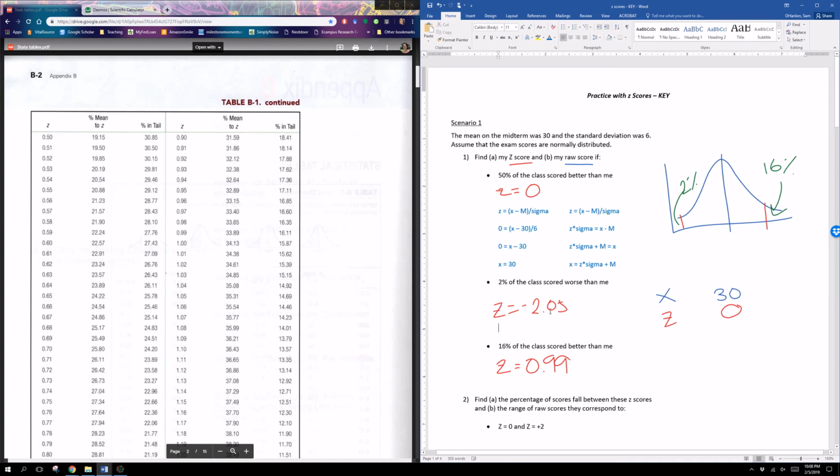So taking this equation and putting it over here, we've got x equals minus 2.05 times our standard deviation, which was 6, plus the mean, which was 30.